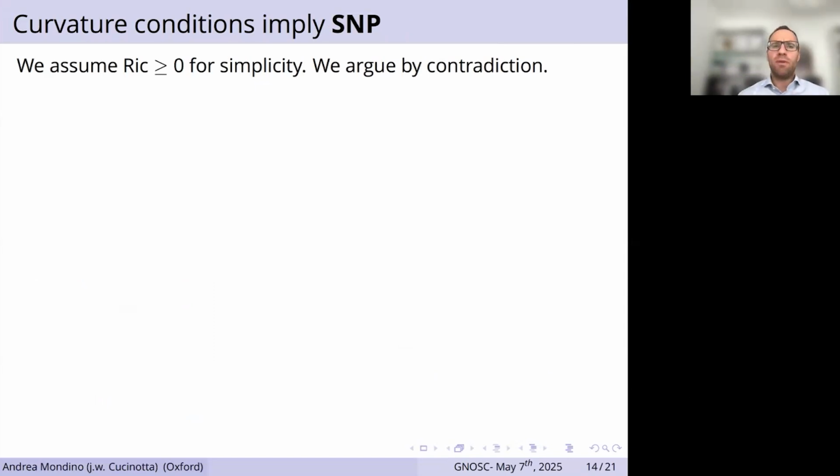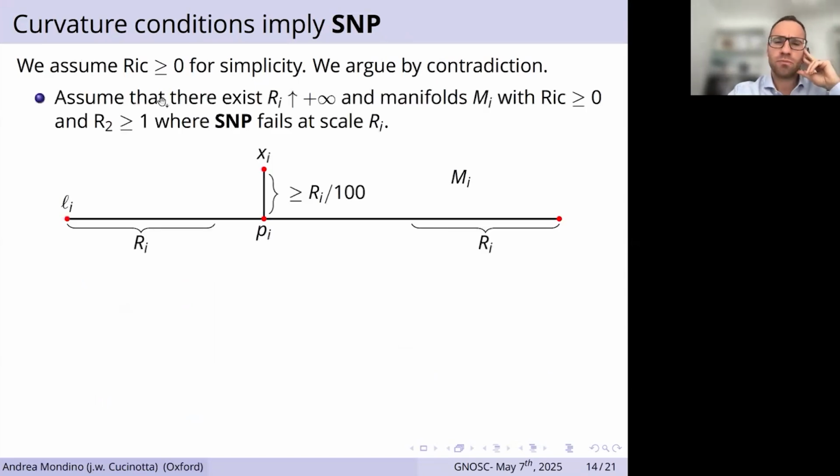For simplicity, let me assume that the Ricci is non-negative. And we argue by contradiction. We assume that there exists a sequence of manifolds M_i and scales R_i. These manifolds have non-negative Ricci, and the sum of the smallest eigenvalues of the Ricci is bigger or equal than 1, but the segment neighborhood property fails at scale R_i.